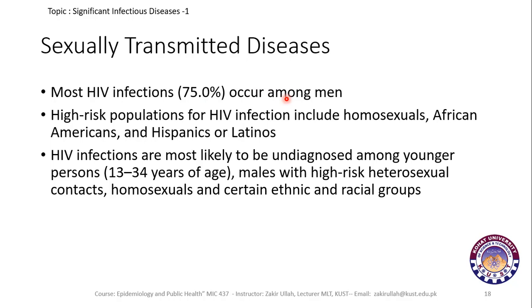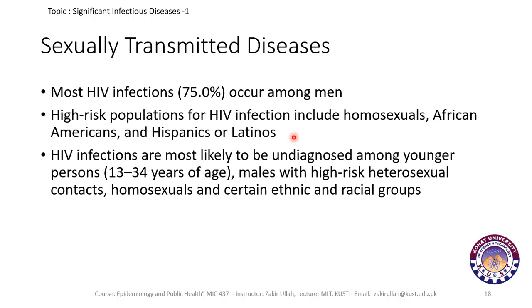The high risk population for these HIV infections includes homosexual males and persons of the race of African Americans, the Hispanics, or the Latins.